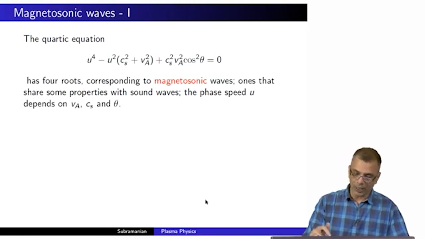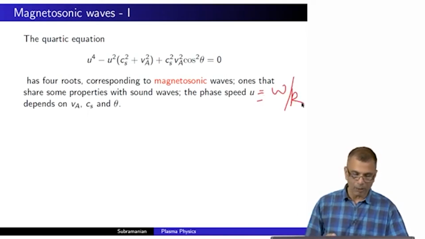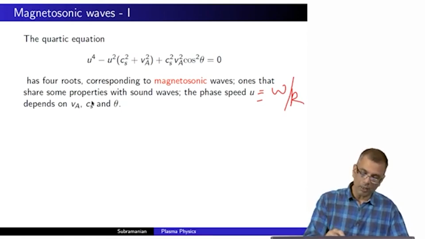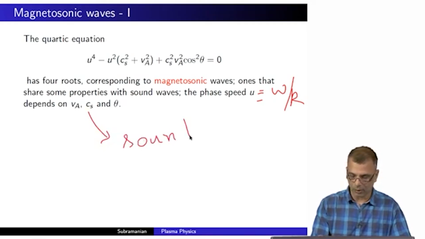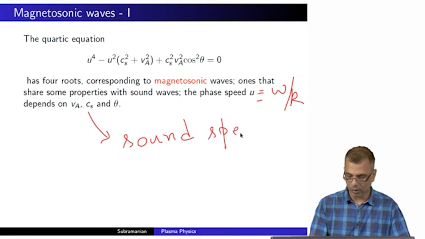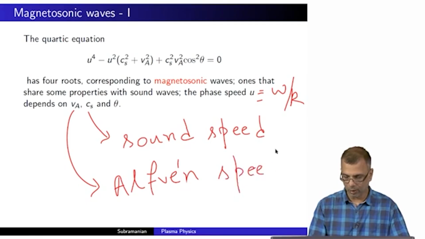However, the phase speed u, which is omega over k, depends upon not only the sound speed cs, right? So this is the sound speed, and this is the Alfvén speed, right?